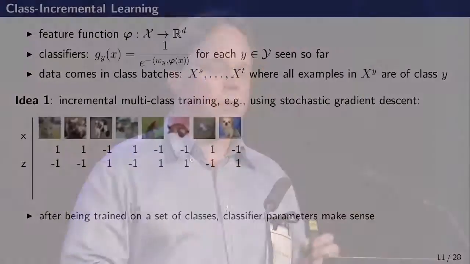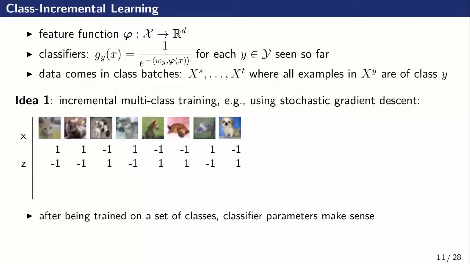What will happen is that we will start with a certain number of classes, like I showed here, cats and dogs. And if we have batches of at least 2 classes at a time, we can randomly shuffle within them. And then after we have trained on this kind of data, most likely we found a good classifier that can distinguish between cats and dogs. So everything makes sense at this stage. The problem is what happens when the next batch comes in.